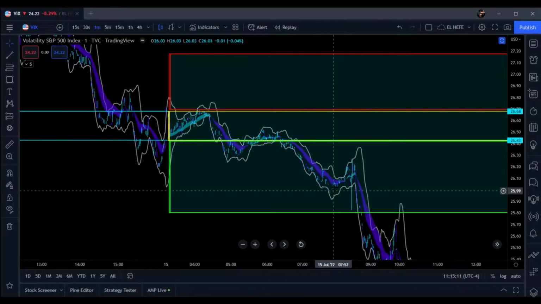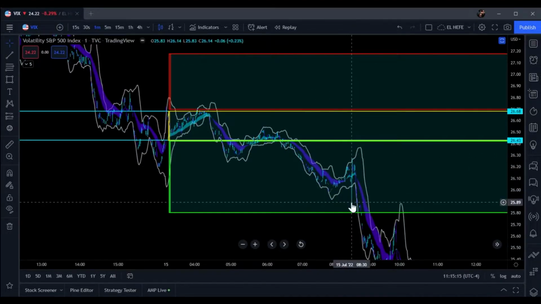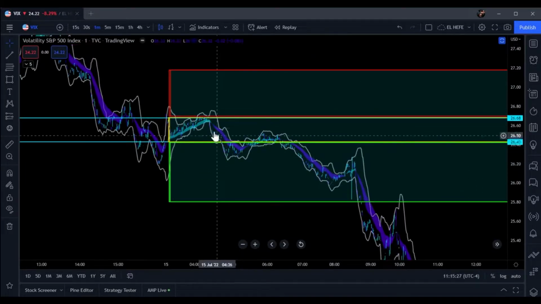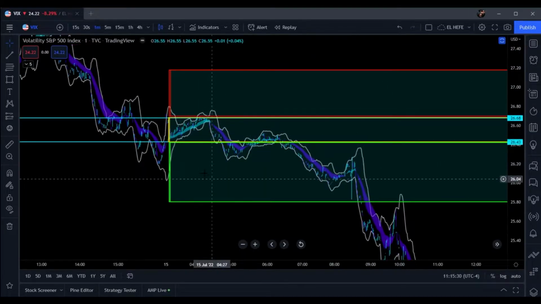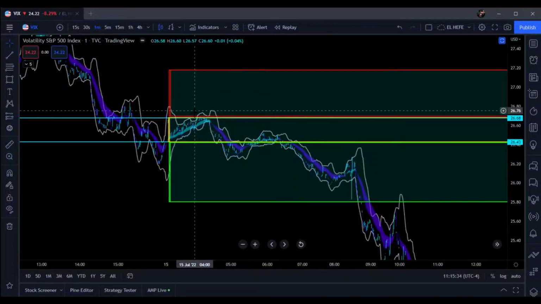Whereas if you take shorts down here, you're swimming upstream. It's going to take twice as much effort, and you're only going to go half as far. So I guess that's the best way to say that. Ideally, this is the no trade zone. Below is long only, and above is short only.